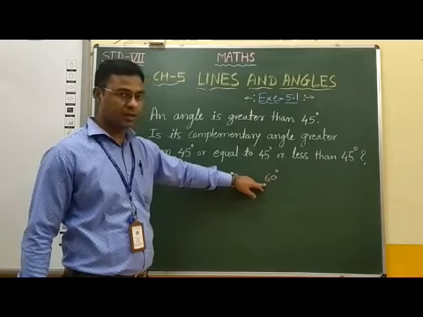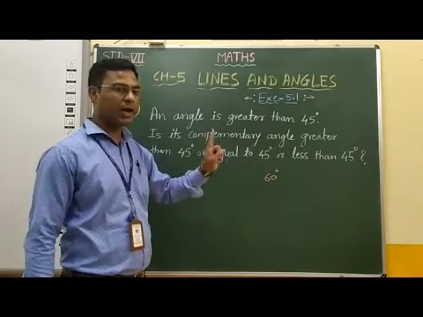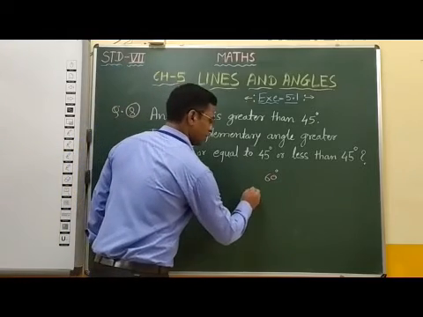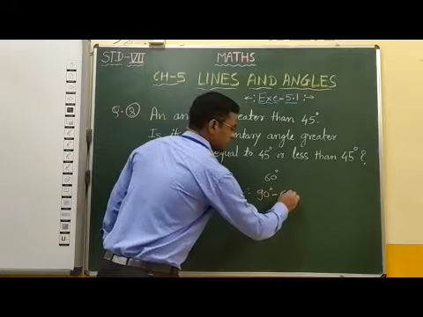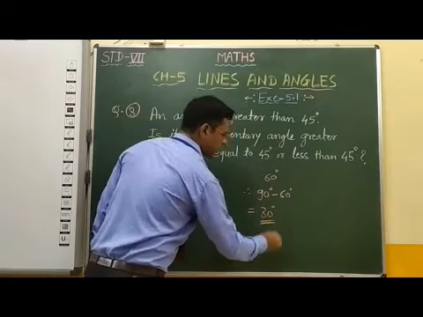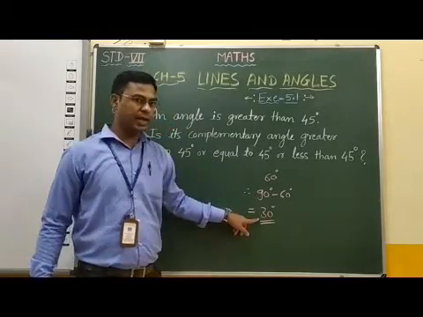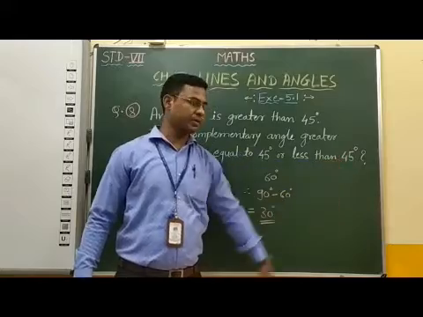Therefore, subtract this given angle from 90 degree. Therefore, 90 degree minus 60 degree is equal to 30 degree. And we observe that this 30 degree angle is less than 45 degree.